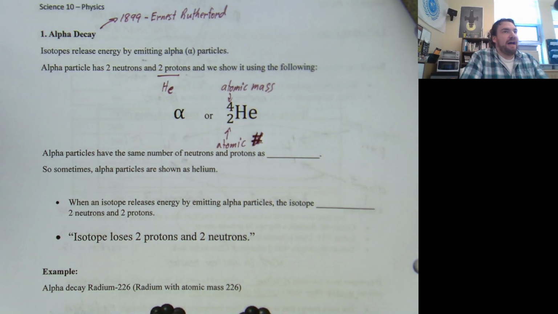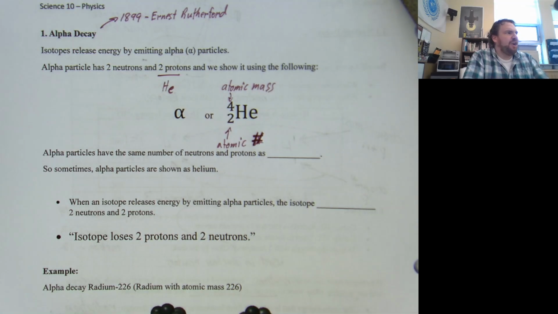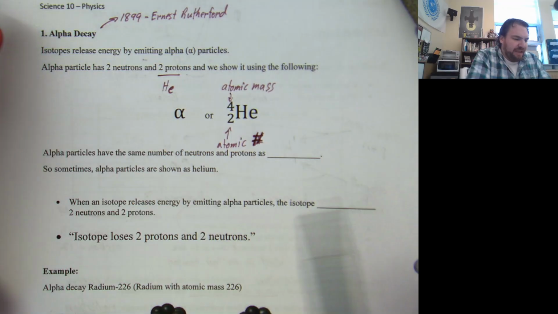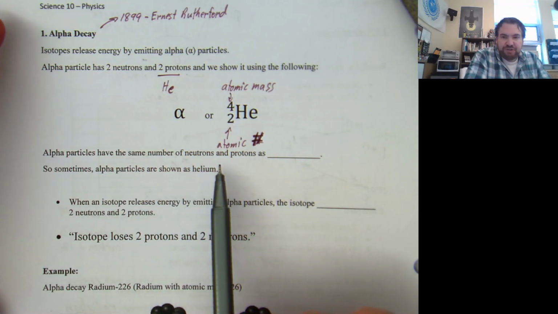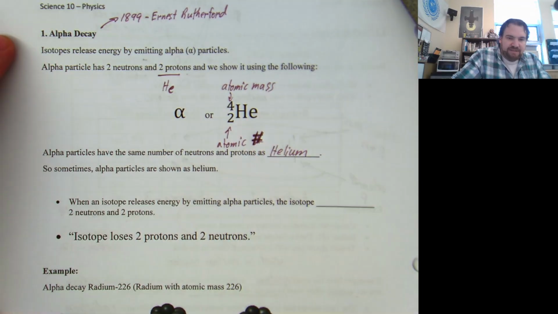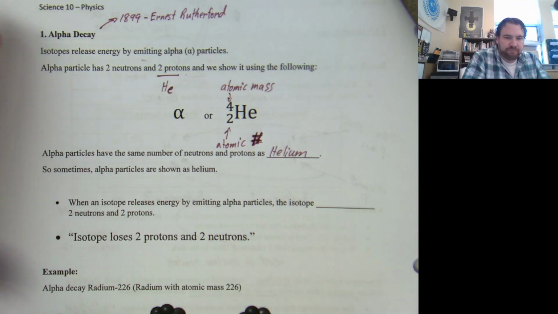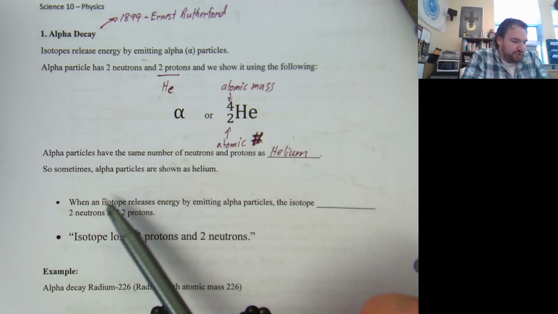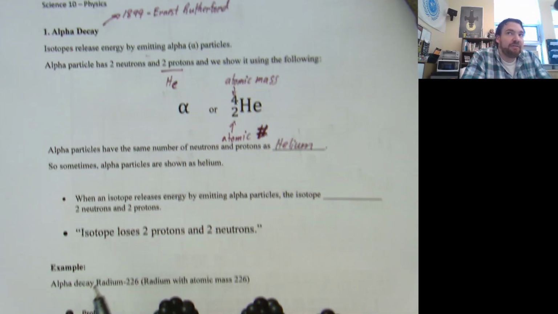So what happens when alpha decay occurs is that helium is spontaneously created out of whatever is decaying, which is weird to think about. Alpha particles have the same number of protons and neutrons as helium. So sometimes they're shown as helium because they are.